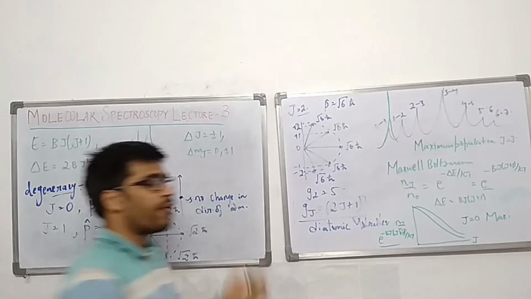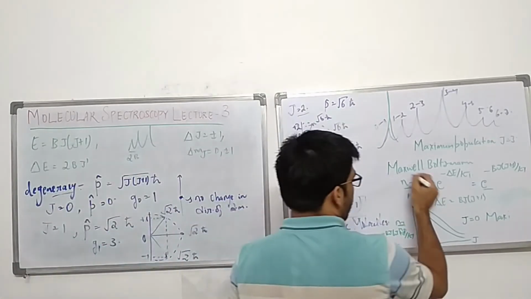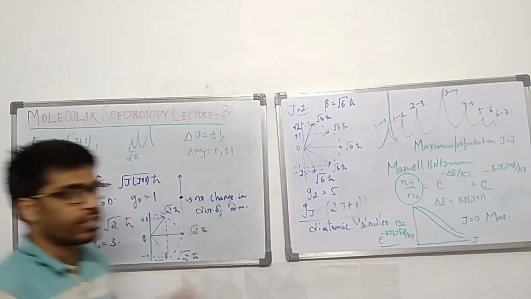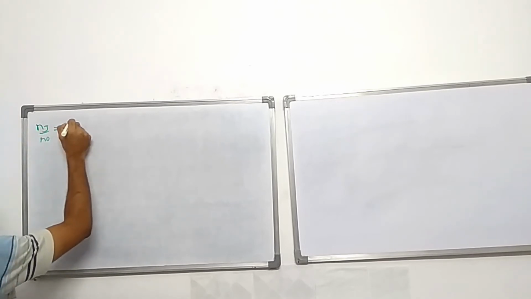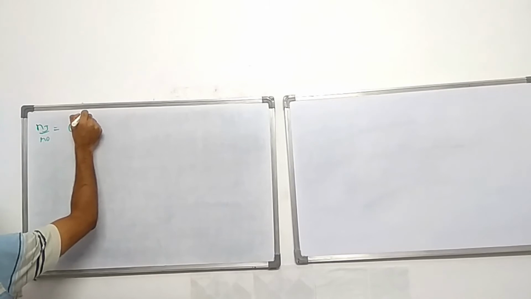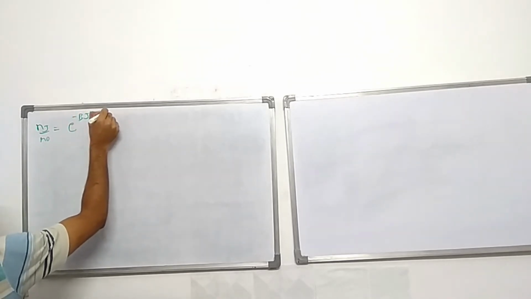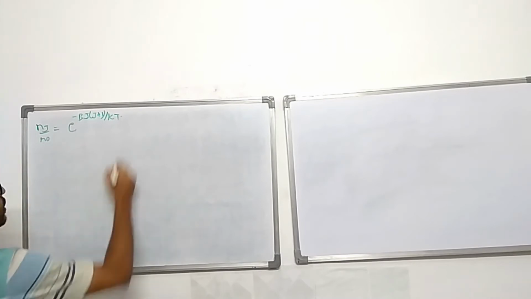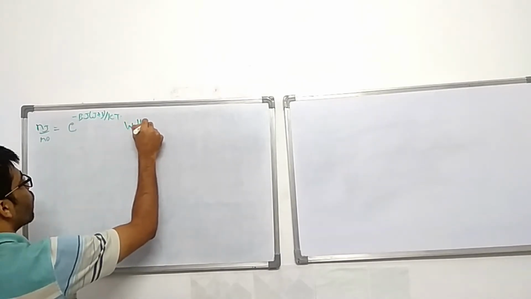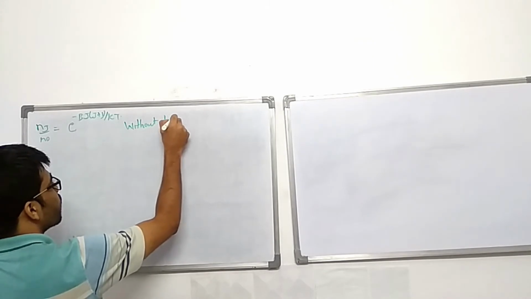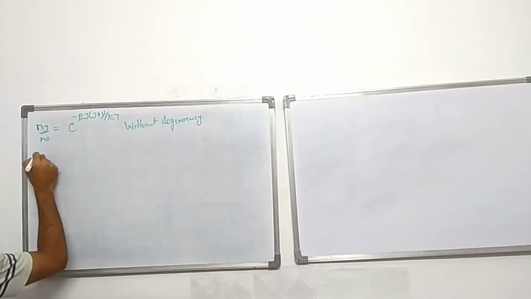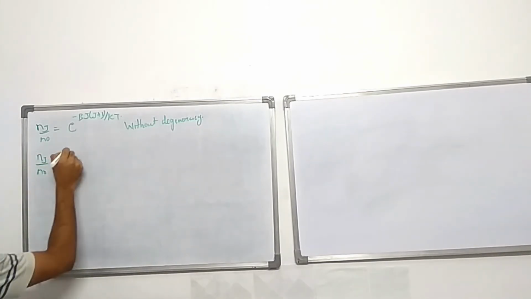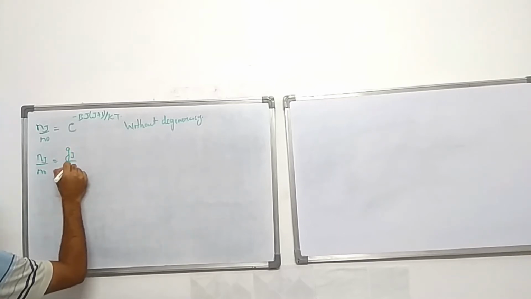And that is why we have to use degeneracy while finding the population of any energy level, which you'll see now. Okay, so what do we have? The traditional formula for Boltzmann population gives me this. So this is without considering degeneracy. But if I consider degeneracy, this would be Gj by G0.